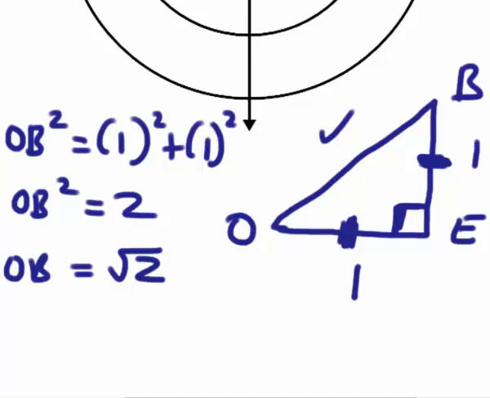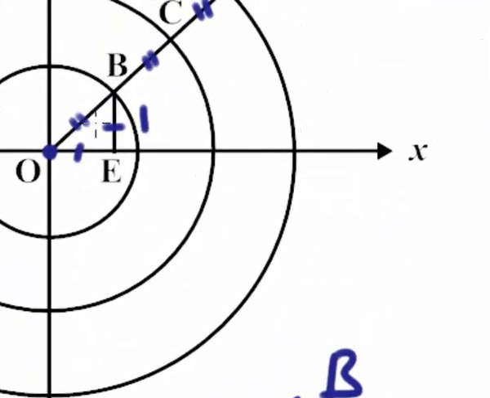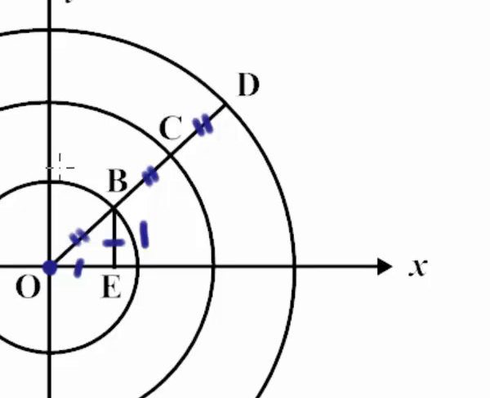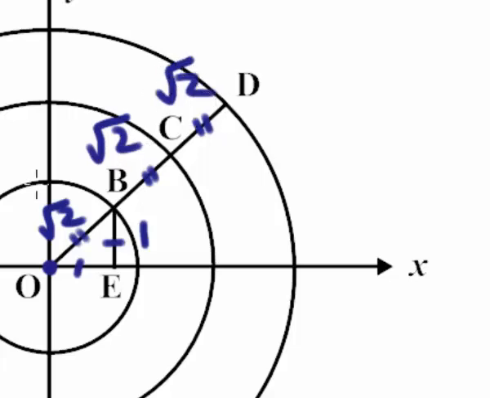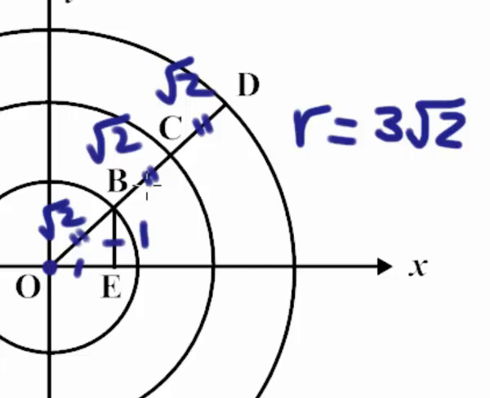Now if the length of OB is root 2 units, then what would be the length of OD? In other words, OB is root 2, BC is root 2, and so is CD. So the radius of the large circle would logically be 3 of those roots.